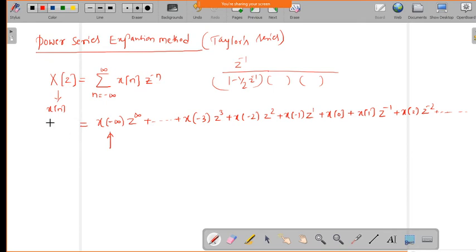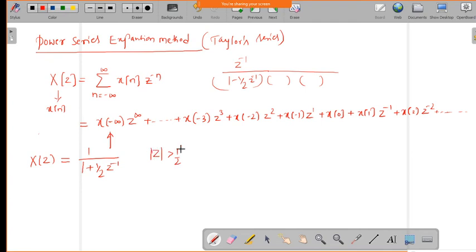So we can directly find out from the z powers what the time domain signal is. Now we'll do one problem so we understand how we can find the time domain signal by using this power series expansion. Take this problem: X(z) is given by 1 over 1 plus half z inverse, with ROC |z| greater than half.